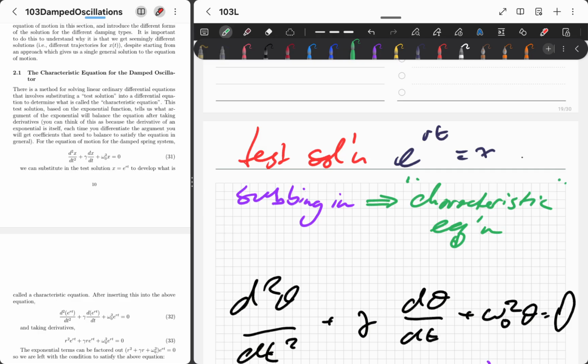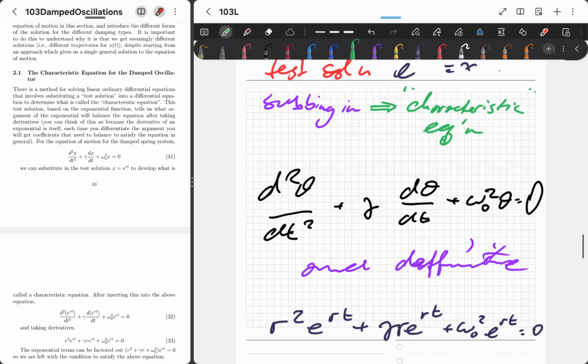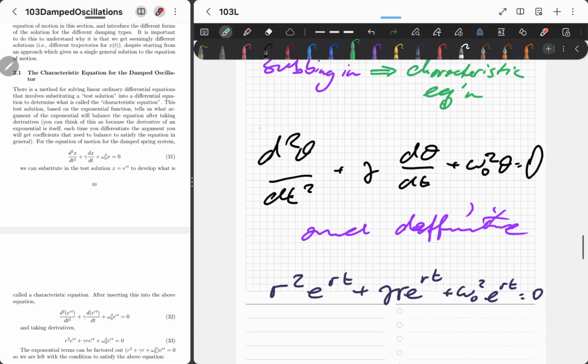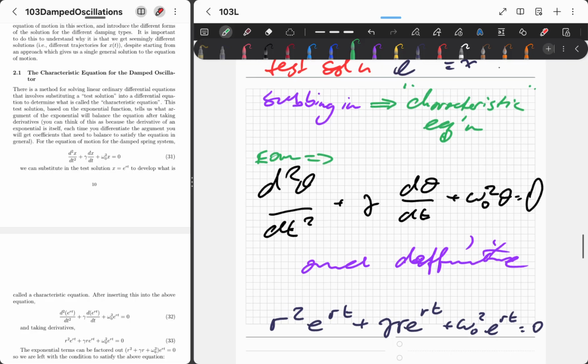Now, what do we do? Let's show. Here's our equation of motion. We take this test solution, exponential, plug it in here, take two derivatives, plug it in here, take one derivative, and then we cancel the exponential bits. What we're left with is a quadratic equation.